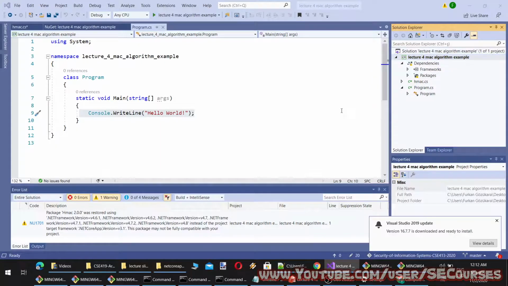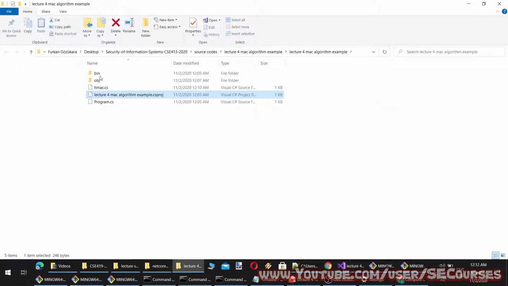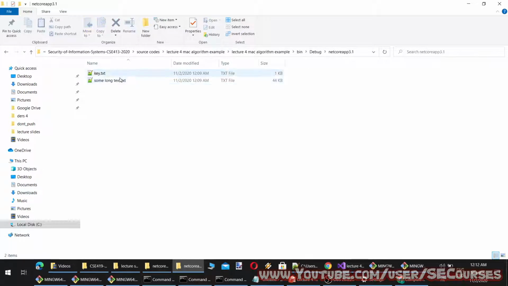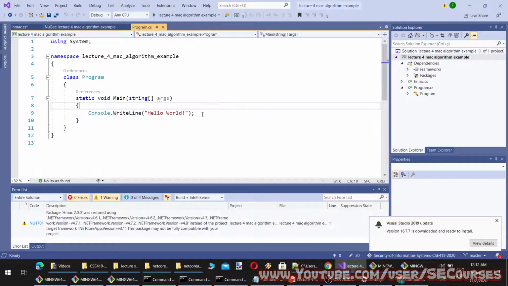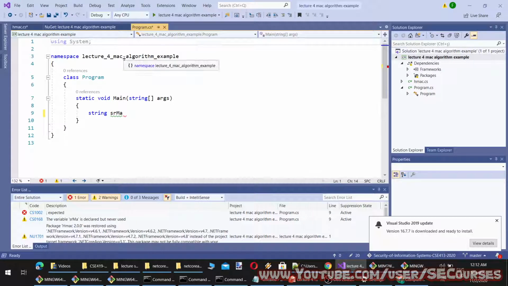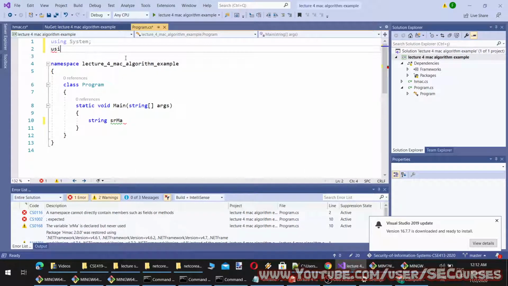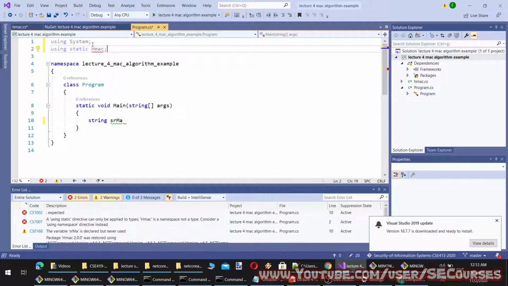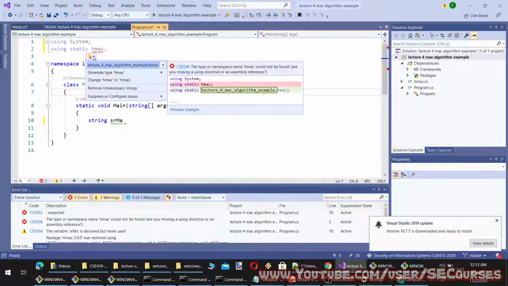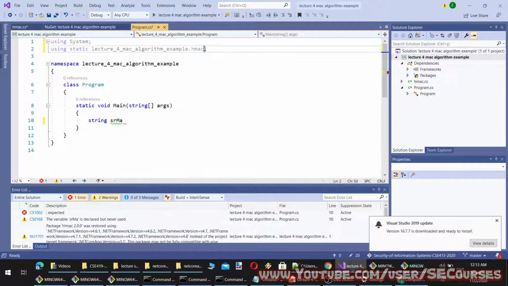And I can compute the hash, let's say the Mac of several files like this, and let's first compute the Mac of the first file to demonstrate. I'm going to add this as using static Hmac. Yeah, you need to type the full name of the class.